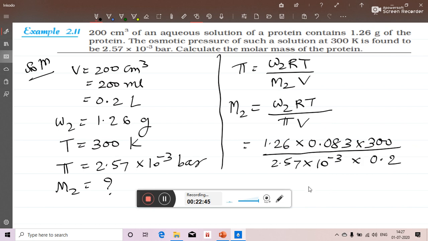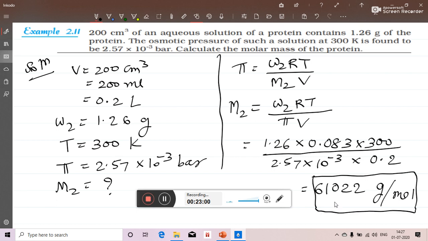So on solving this, our final answer will be 61,022 gram per mole. So this is the molar mass of the protein, 61,022 gram per mole.